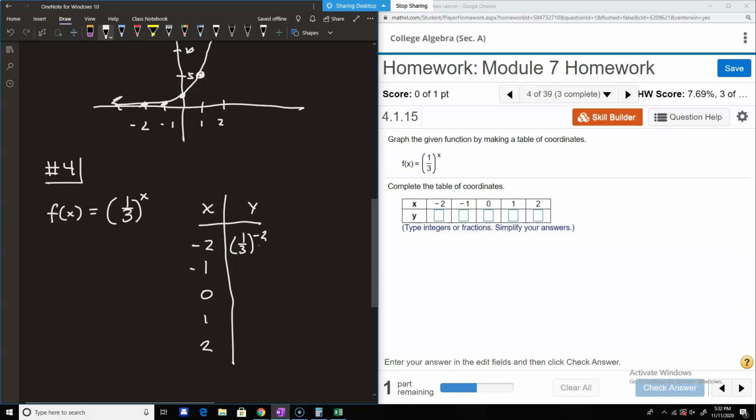So if you flip it over, you have 3, and then you're really doing 3 squared. So 1/3 to the -2 is the same as 3 squared, which is 9. Similarly, 1/3 to the -1 would just turn into 3. Anything to the 0 power is going to be 1. 1/3 to the first power is just going to be 1/3, and then 1/3 squared would just be 1 over 9. So those are our values.